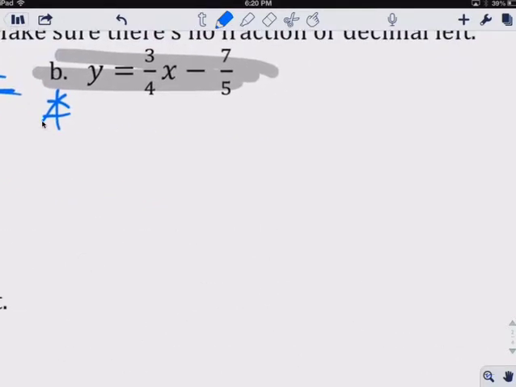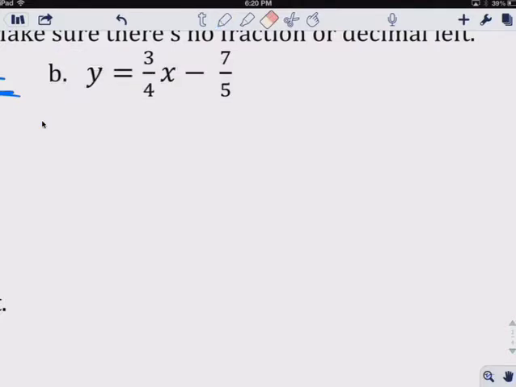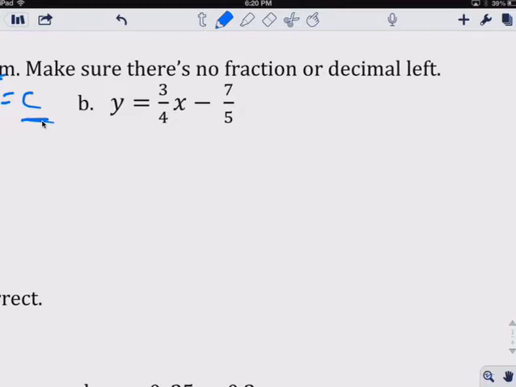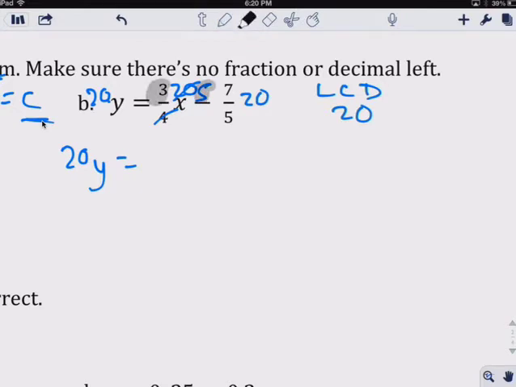Now B, standard form. Okay, first get rid of fractions. Fractions are horrible. Don't ever work with them. Least common denominator is 20. Multiply all of them by 20. Okay? That gives you 20y equals, cross cancel, 5 times the 3 is 15. Bring down the x.